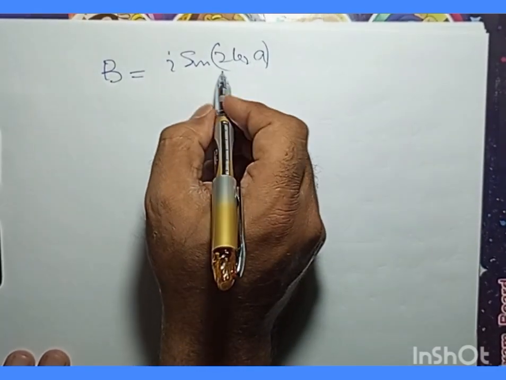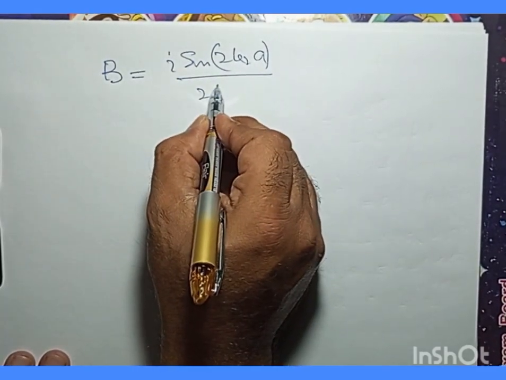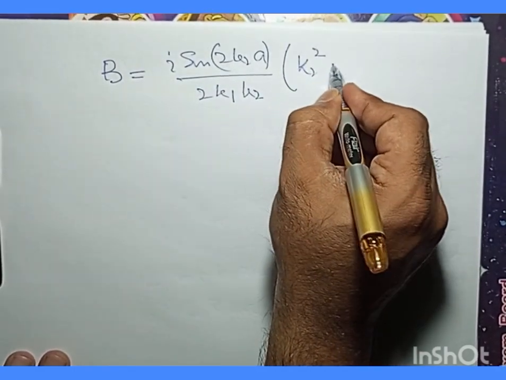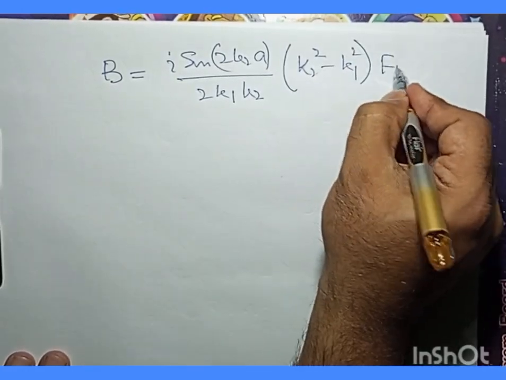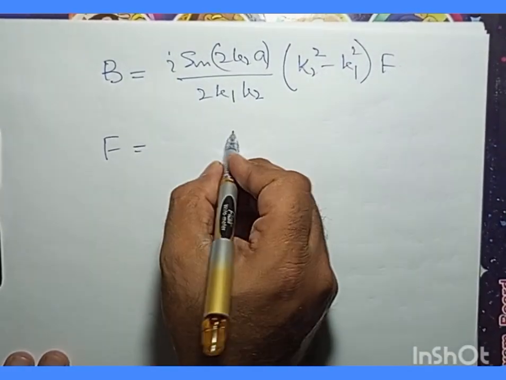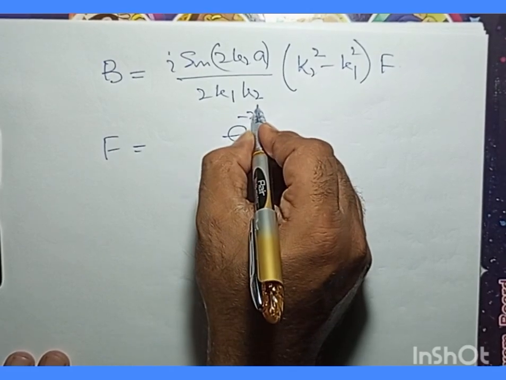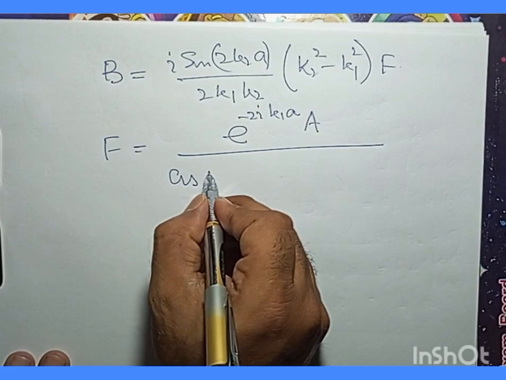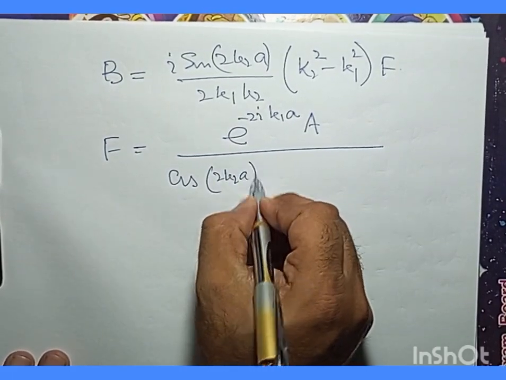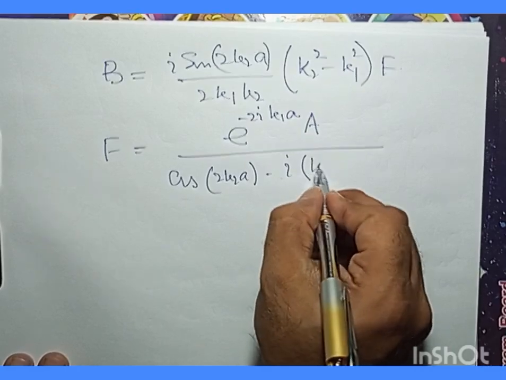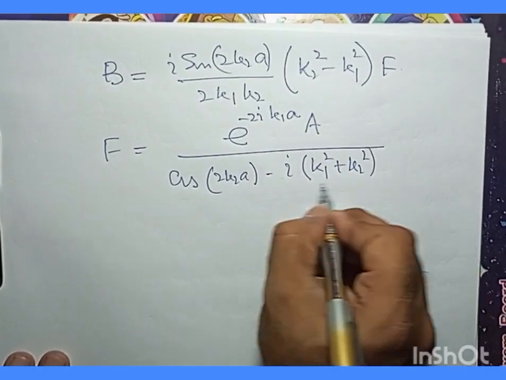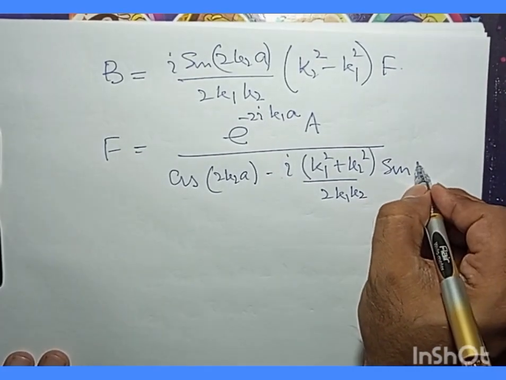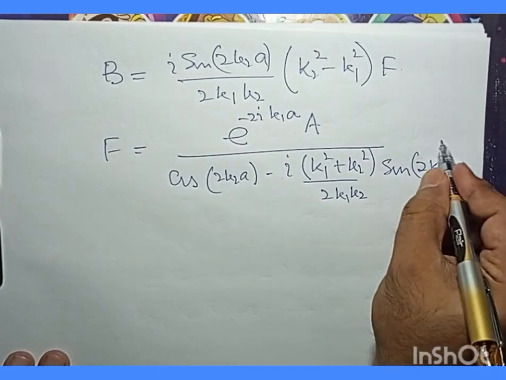2k2a divided by 2k1k2, then we have (k2 square minus k1 square) times F, and F comes out to be e to the power of minus twice i k1a, then we have A divided by cos of 2k2a minus i times (k1 square plus k2 square) divided by 2k1k2, then sine of 2k2a.